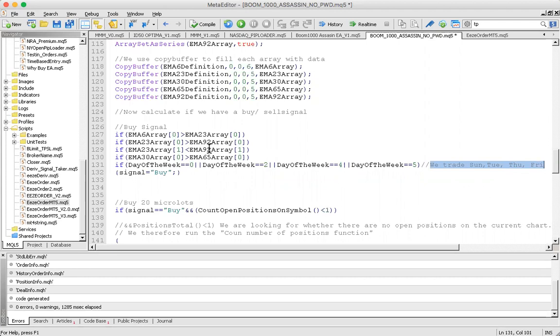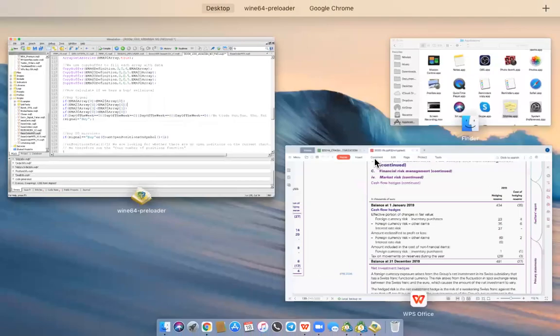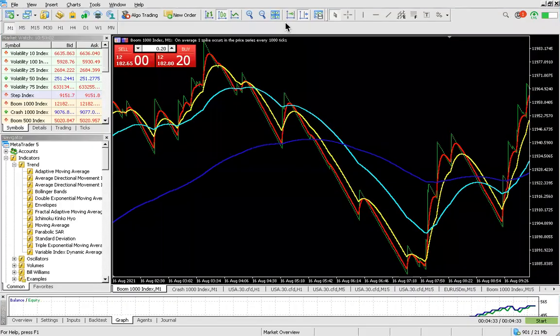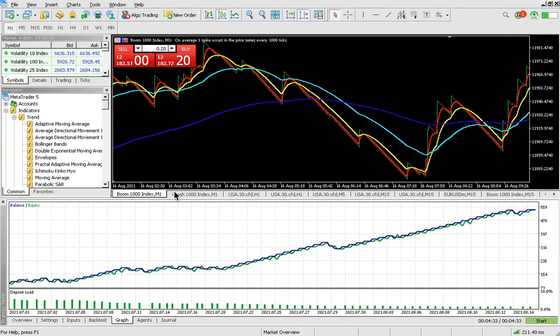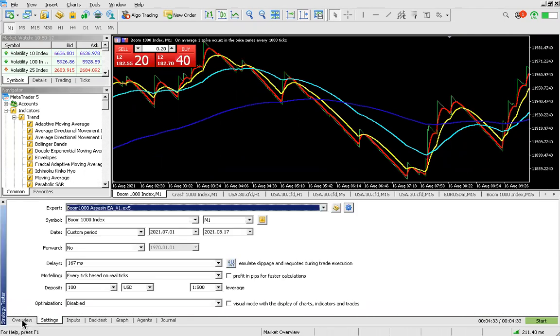And as you can see, my EMA is here. These are my confirmations and stuff. So don't worry about this. This is just the code. What I want you to know is when you run your EA on the MetaTrader platform here, what it will do, let me just test the results for settings.